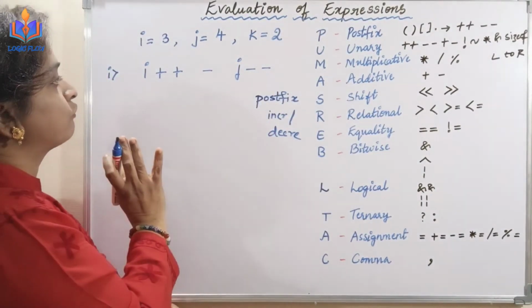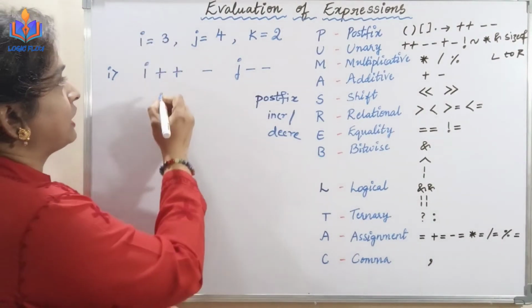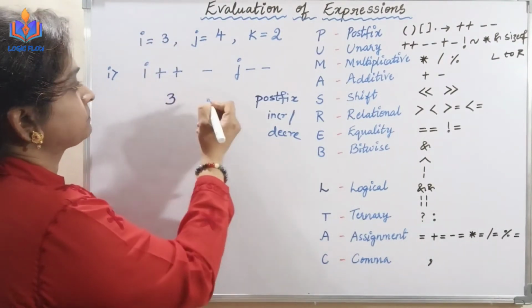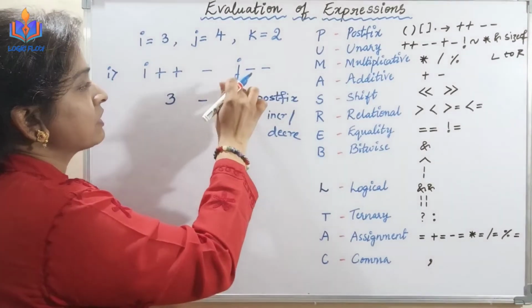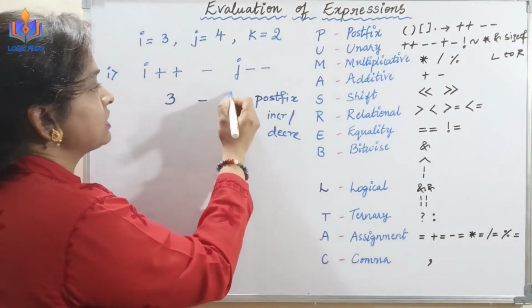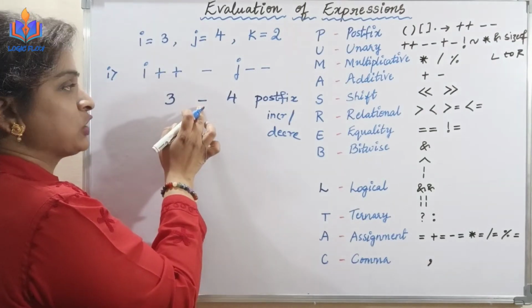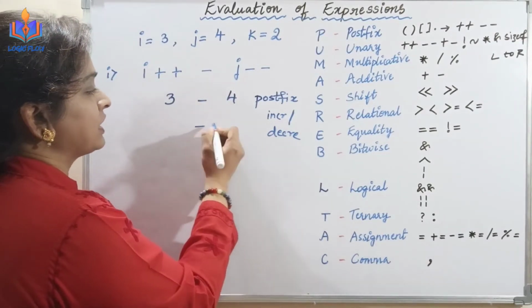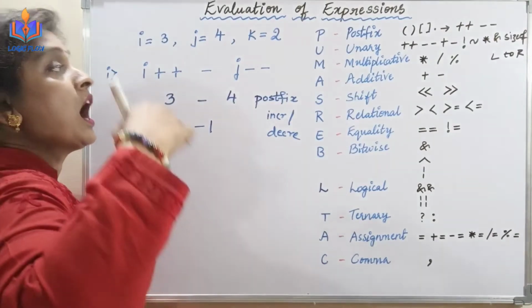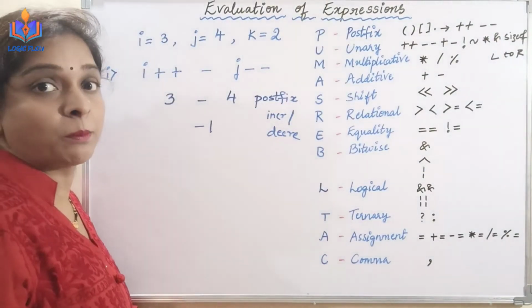What is the value of this variable? The value of i is 3. Minus, what is the value of the variable j? It is 4. So I have used these two values. Then the minus operation: 3 minus 4 is minus 1. Afterwards, the incrementation and decrementation will be done.